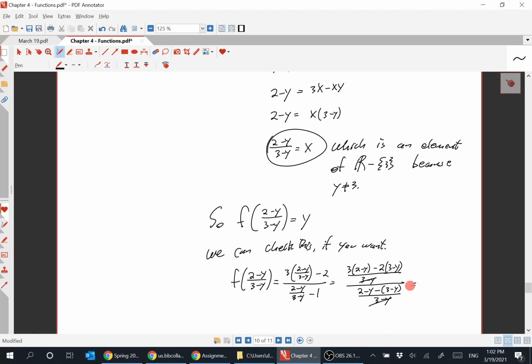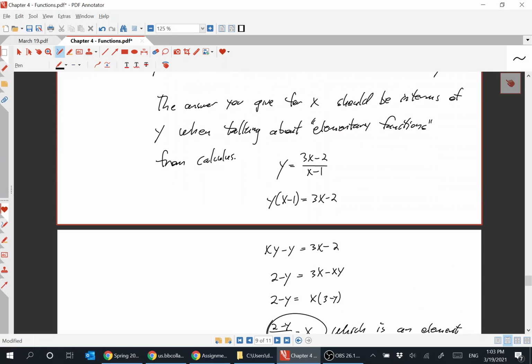So these cancel, and you get 6 minus 6 minus 3y plus 2y. So it's minus y. And then on the bottom you have 2 minus 3, and then minus y plus y, so that's minus 1. That's y. Okay? So that's a little more entertaining algebraically to solve that function there.